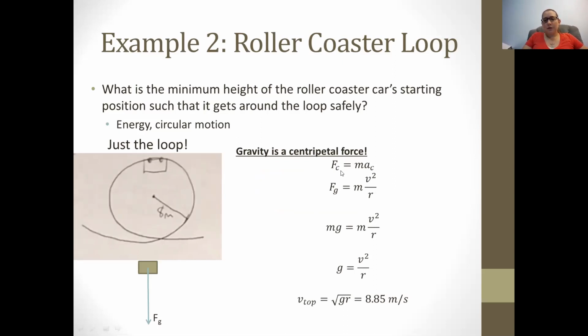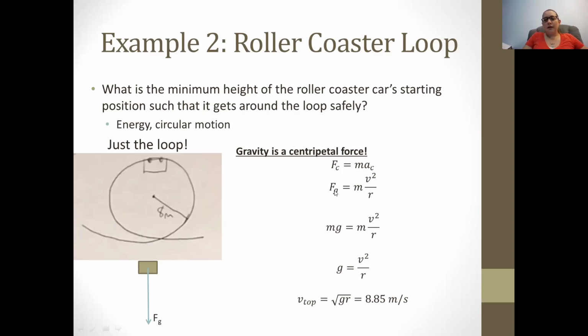So our centripetal force equals mass times centripetal acceleration. We saw earlier that a centripetal acceleration is v squared over r. Okay. So our force of gravity is mass times v squared over the radius of the loop.